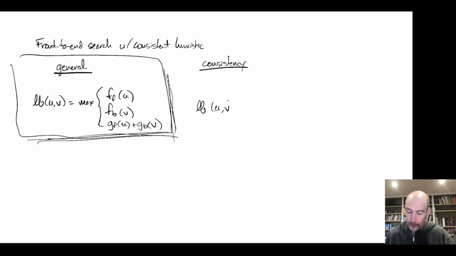So the lower bound between u, v, again, is going to be the maximum of a number of different terms. The terms are basically the same as before, with one addition: f forward of u, f backwards of v, and g forward of u plus g backwards of v.